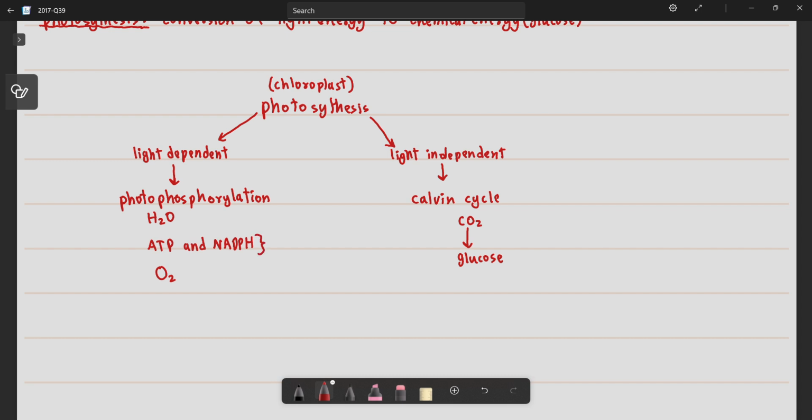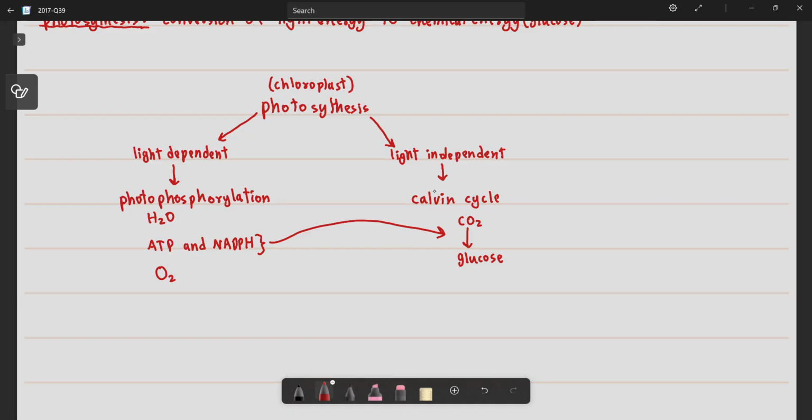These high energy molecules are fed into the Calvin cycle to power this cycle, to help in the conversion of carbon dioxide into glucose. Okay, so these processes are interconnected with each other.